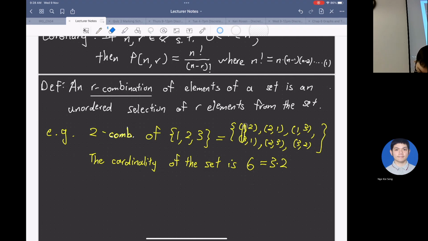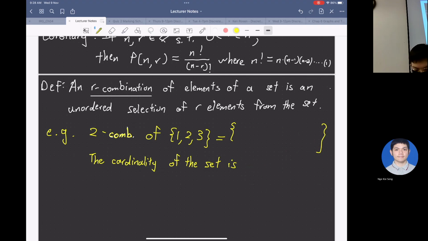So in this case, our set would change. What are the ways to pick 2 elements out of a 3 element set? We got {1, 2}, {2, 3}, {3, 1}, where {1, 3} is the same. So in this case, we have 3.